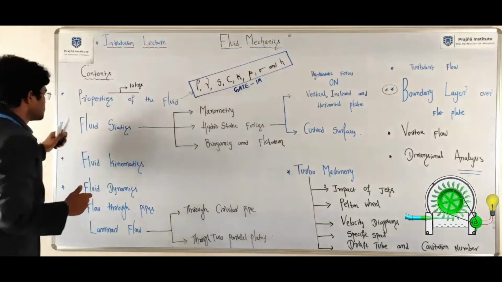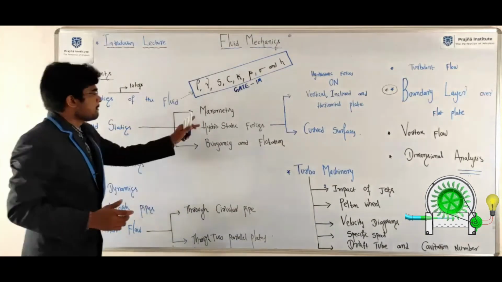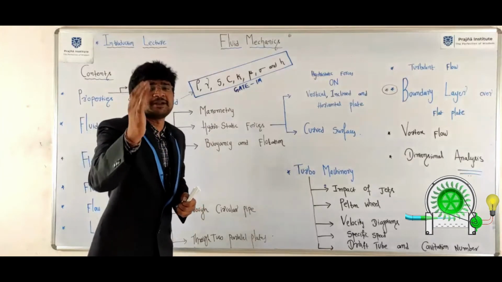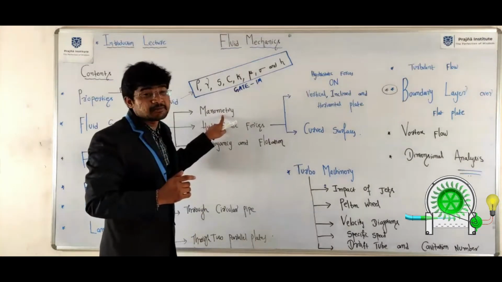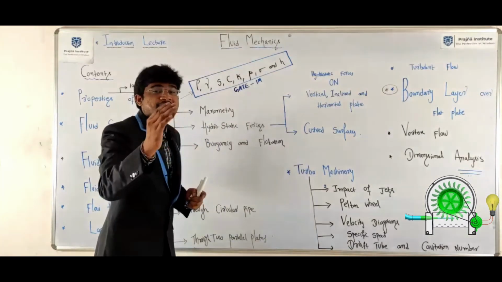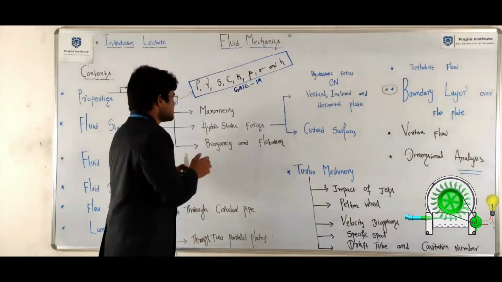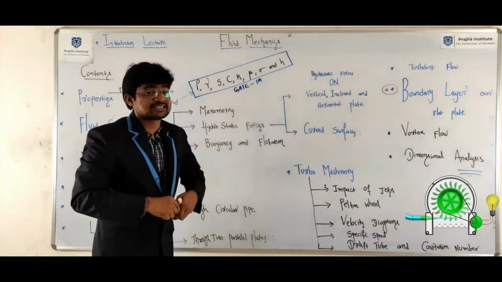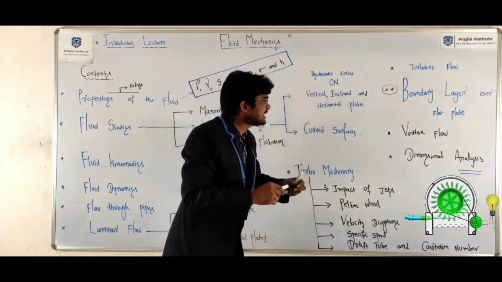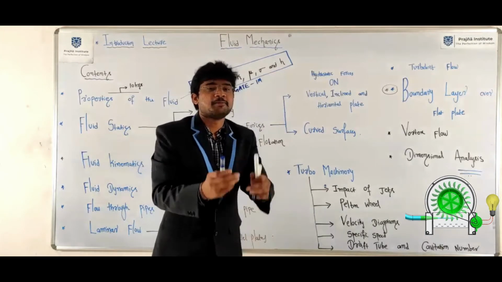Fluid statics. It is very important, I think, in GATE. Next, fluid statics. Manometry means measurement of pressure. Yeah, pressure measurement we can discuss by using manometers. Next, hydrostatic forces on vertical, inclined, and horizontal plate.